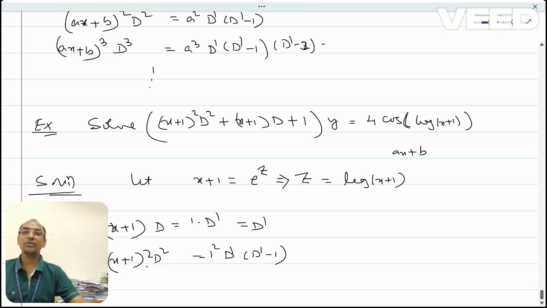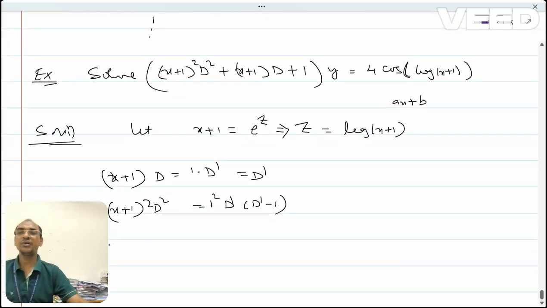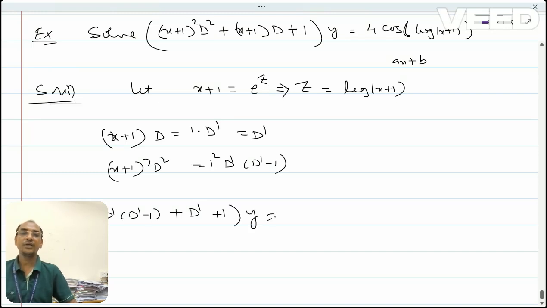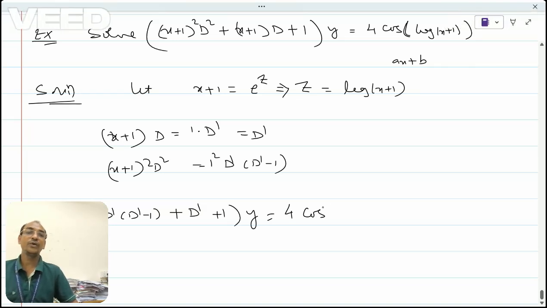Now substituting these in the given differential equation, we have D dash into D dash minus 1 plus D dash plus 1 of y equal to 4 into cos of log of (x plus 1), which is nothing but z.